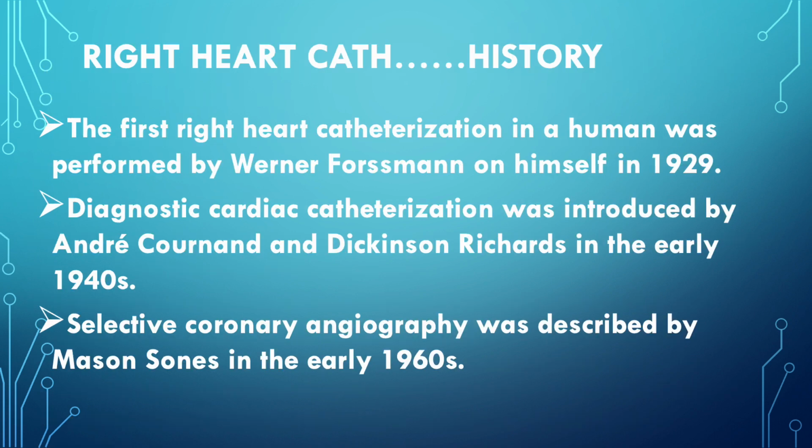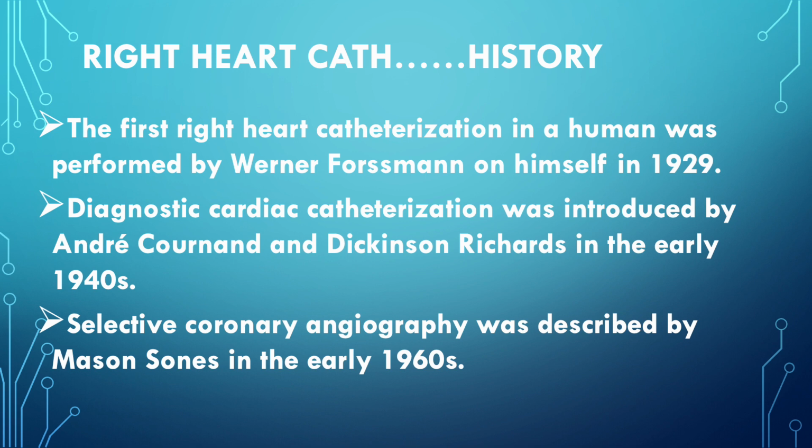And now we're going to speak about the history of the heart cath, the right heart cath. So the first right heart catheterization in a human being was performed by Werner Forssmann, and that was on himself in 1929.